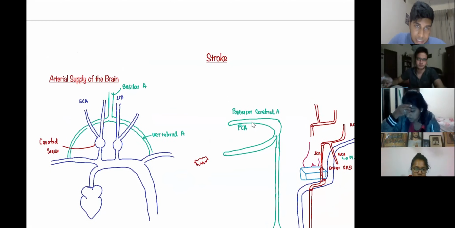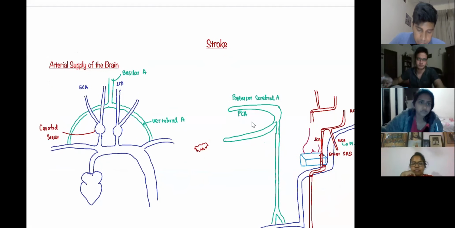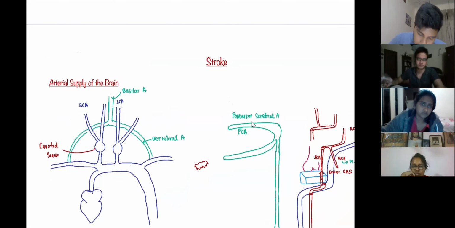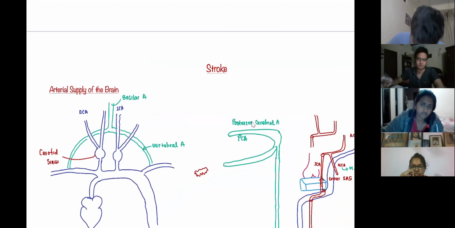Now, there has to be an interconnection between the posterior cerebral artery system and the anterior cerebral artery system. This is called the posterior communicating artery.